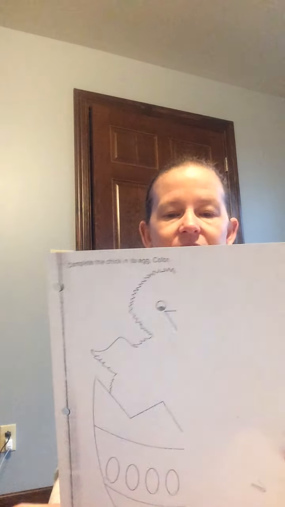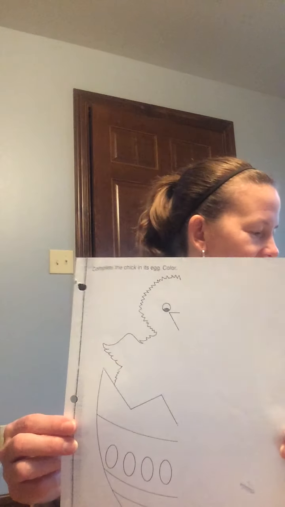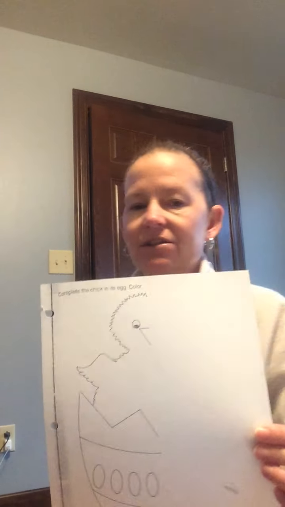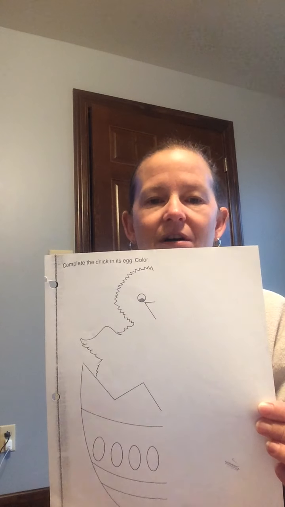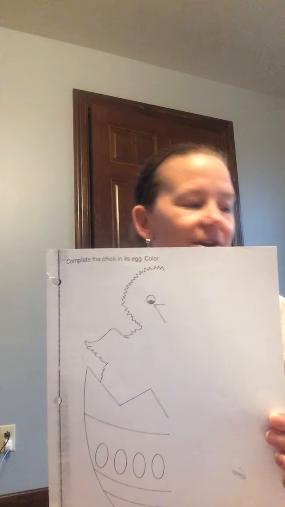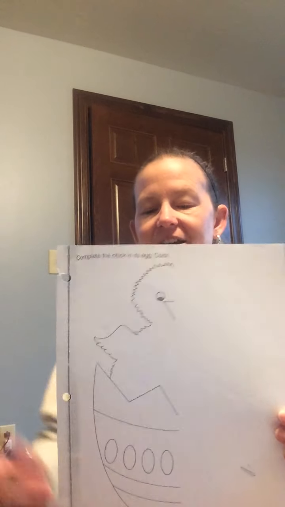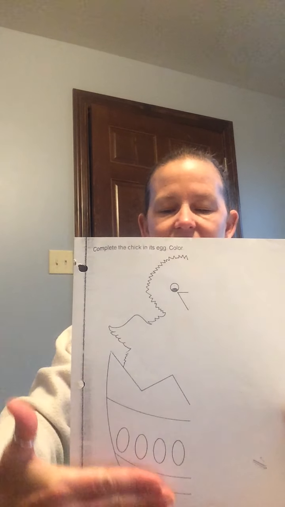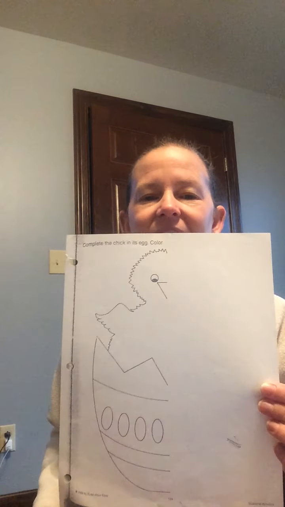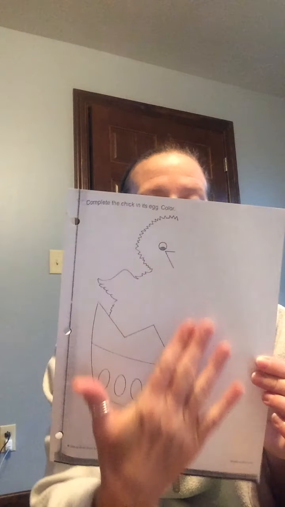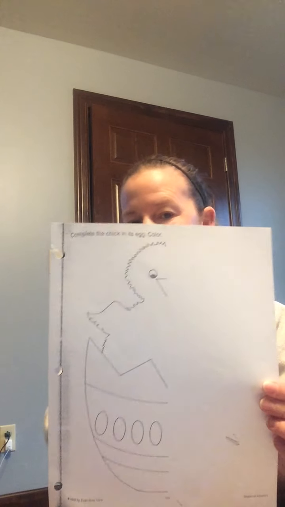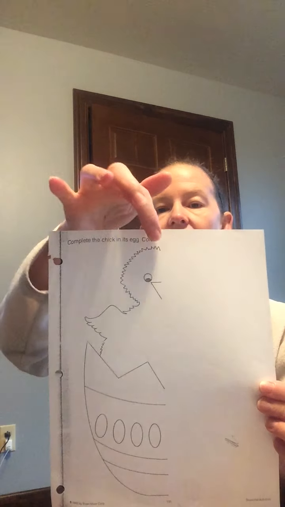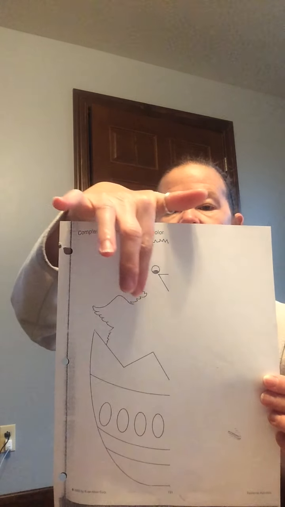And one thing that I want you to do is this page. I didn't make an extra copy of this, so I'm not going to draw on mine. They give you half of a chick inside an Easter egg. They want you to draw the other half of the chick inside the Easter egg. So what you have to do is draw exactly what you see over here.